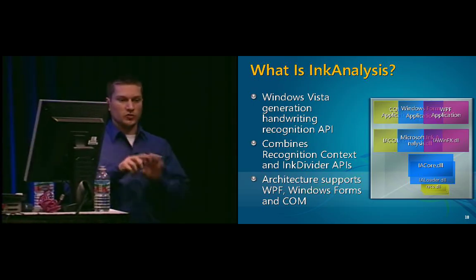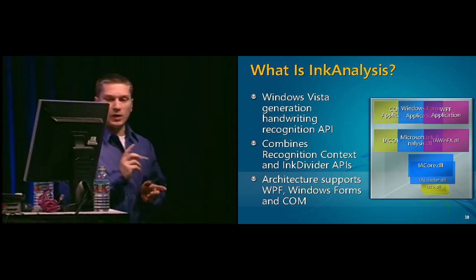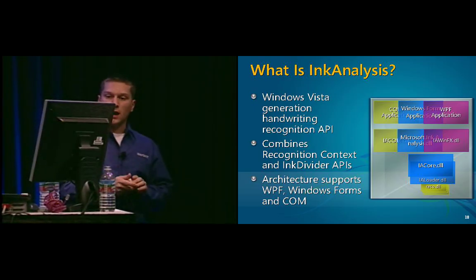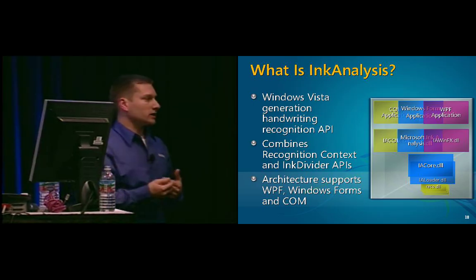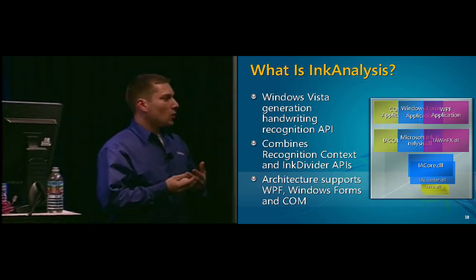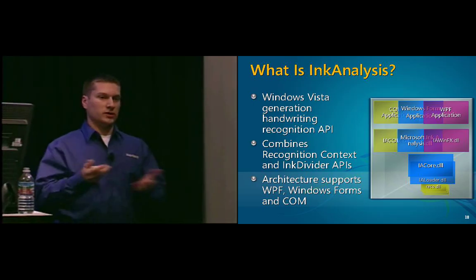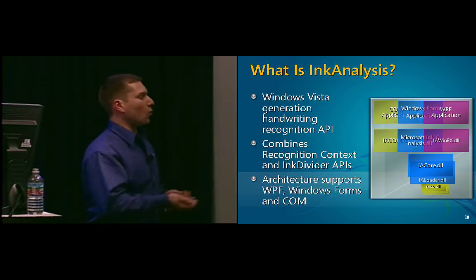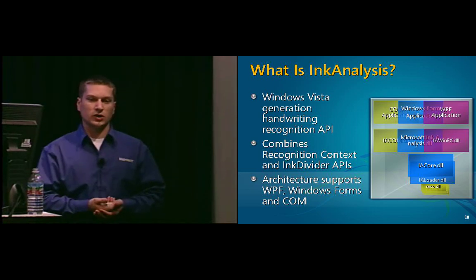Now, I'm going to talk a little bit more specifically about what ink analysis covers, but before I do, I want to touch a little bit on the redistribution side of it. When we architected the ink analysis APIs, we wanted to make sure that we could take all the existing common WinForms applications that are out there and give them a mechanism or a way to get access to this technology.